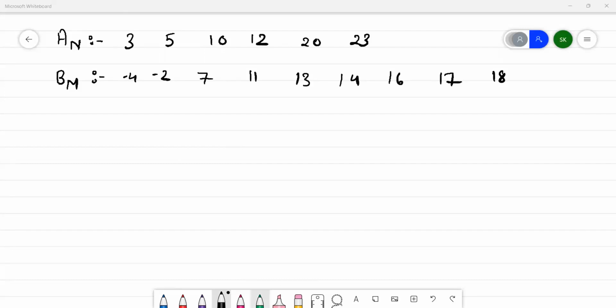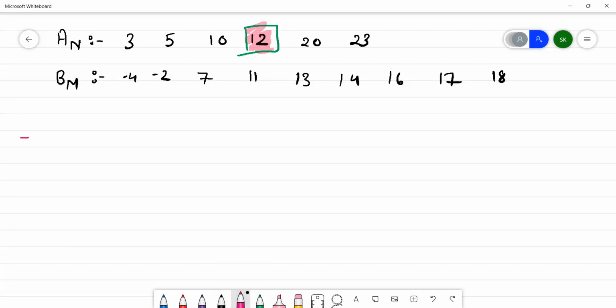This 12 was the one element you were getting as your answer when you combined both arrays.